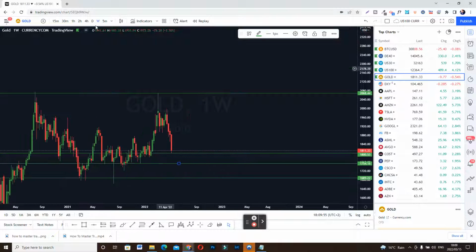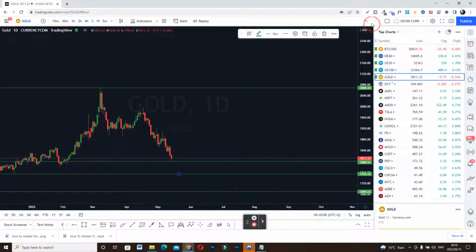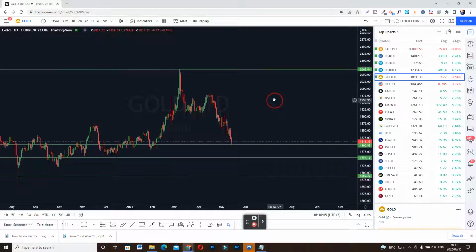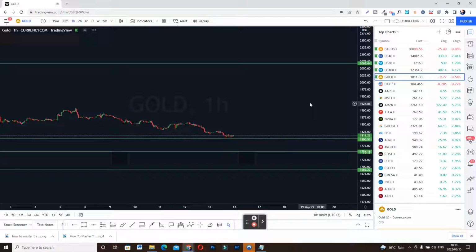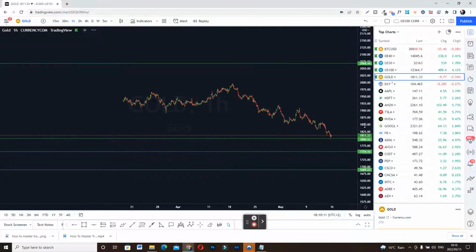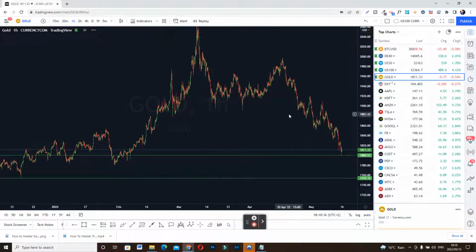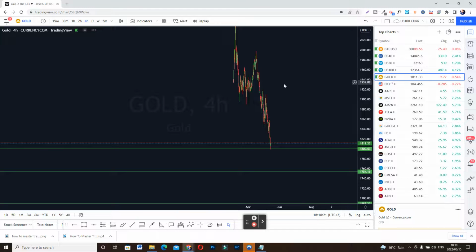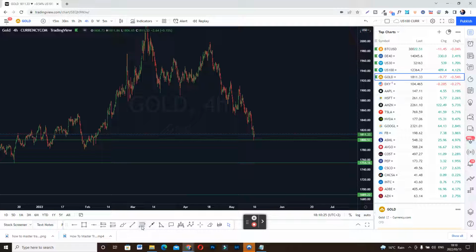Okay, now we'll zoom into the daily and see what's going on, and then maybe go to the 1 hour, to see the structure properly so we can find some clarity. We can see there's been a very serious downtrend with gold. Going to the 4 hours, I still see a move to the downside.